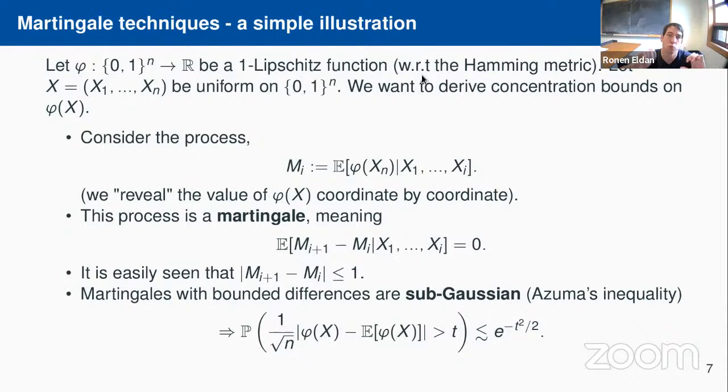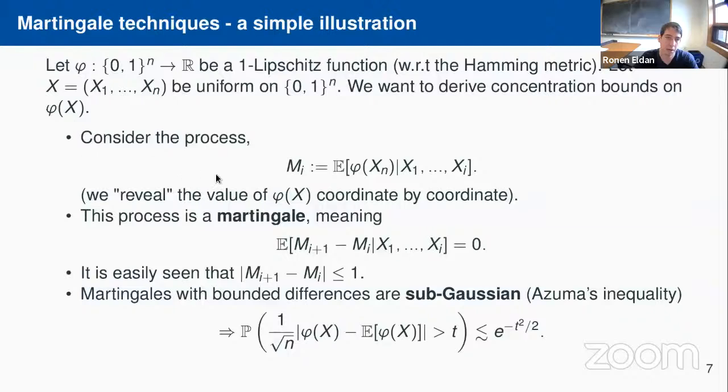So if I change one bit in this string, the value of the function changes by at most 1. And now let x be a uniform point in this discrete hypercube. And what we want to derive is concentration bounds on phi of x. We want to say that phi of x does not deviate from its expectation or median by too much.